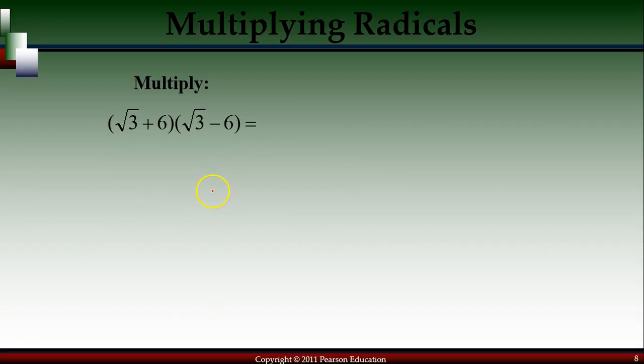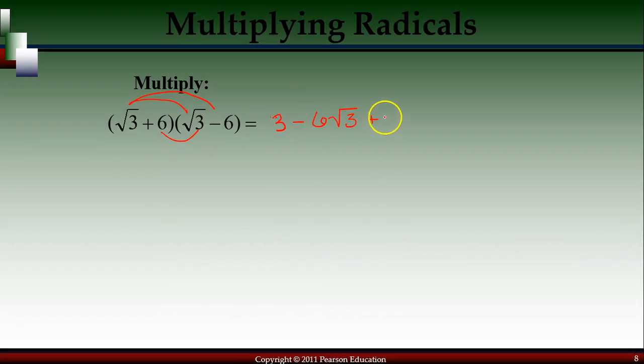Okay, on this one, we're going to go ahead and FOIL just like we did the last one, but then I'm going to show you a shortcut to problems such as this one. So first terms, square root of 3 times the square root of 3 gets us square root of 9, which is 3. And these two give us minus 6 square root 3.